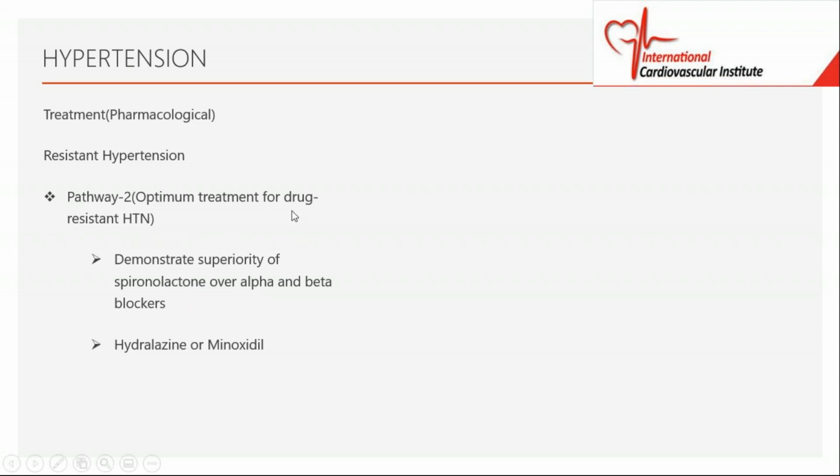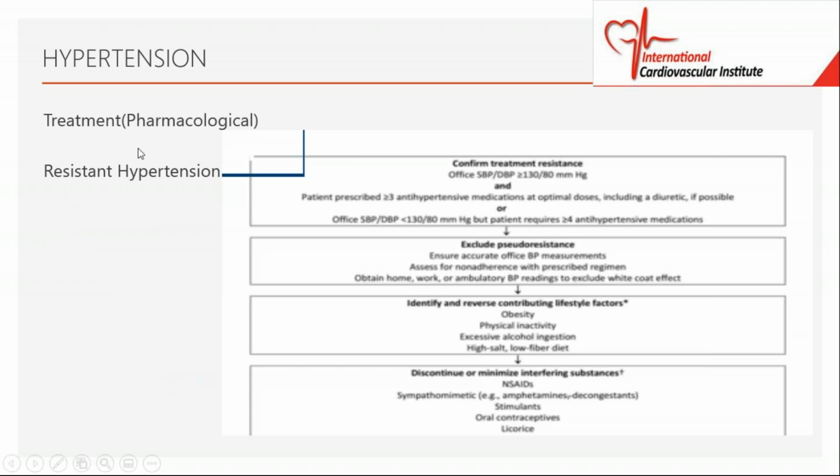So I have a low threshold for spironolactone, and after that, you can use your hydralazine or minoxidil. So spironolactone should be above your vasodilators, hydralazine and minoxidil.